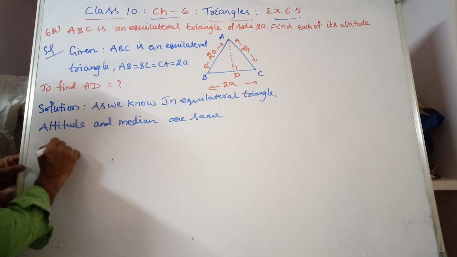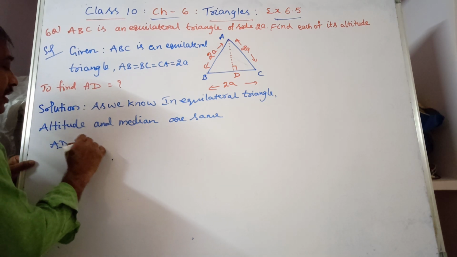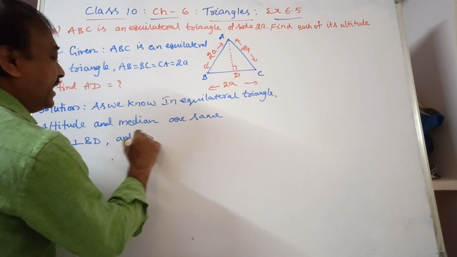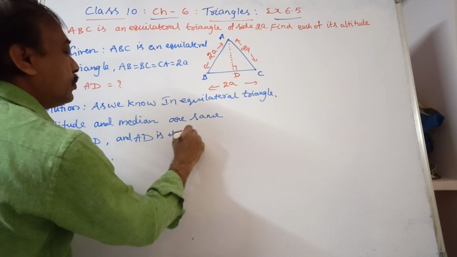That means AD is perpendicular to BC and AD is the median also.